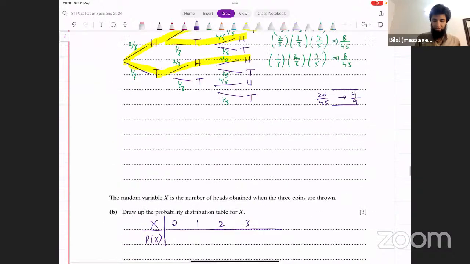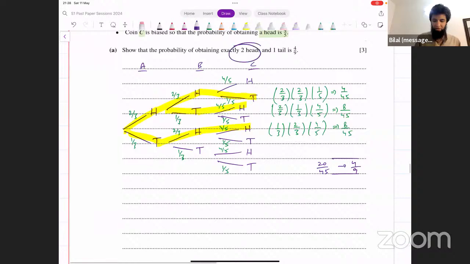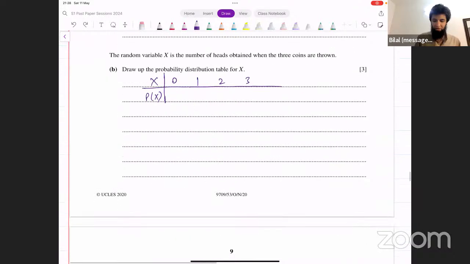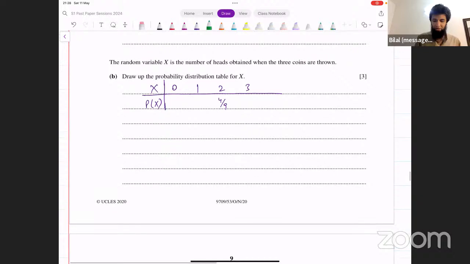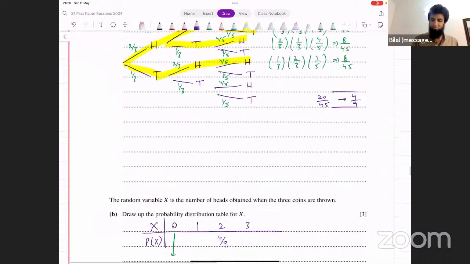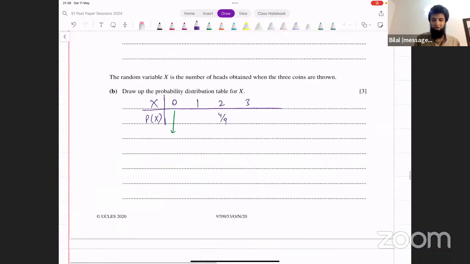We have already found the probability of obtaining 2 heads. That was 4/9. So we know that this probability is 4/9. Now, it's going to be very quick if you just find the probability of obtaining 0 heads, because that's just one case. Tail, tail, tail, right?